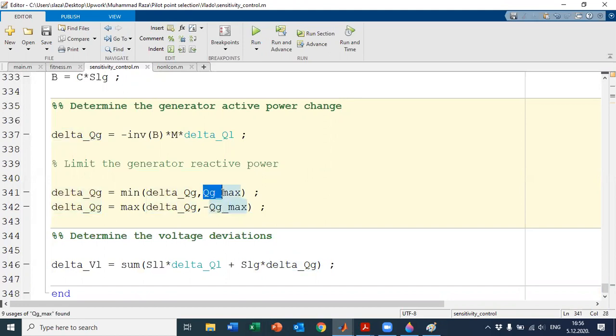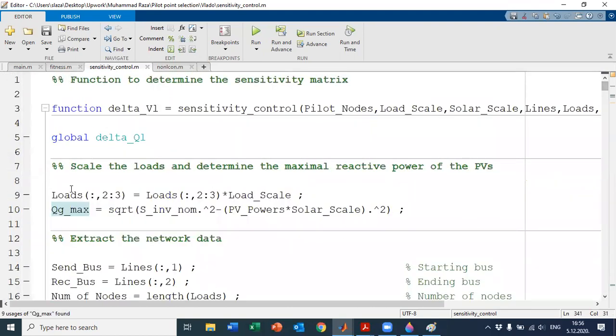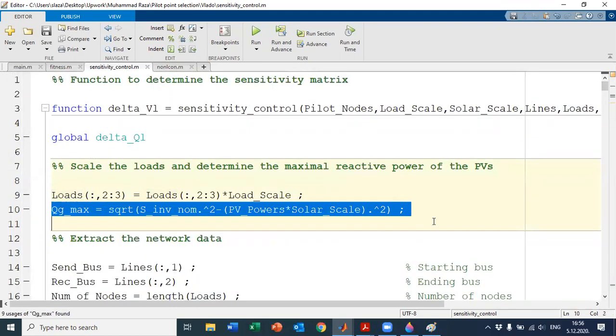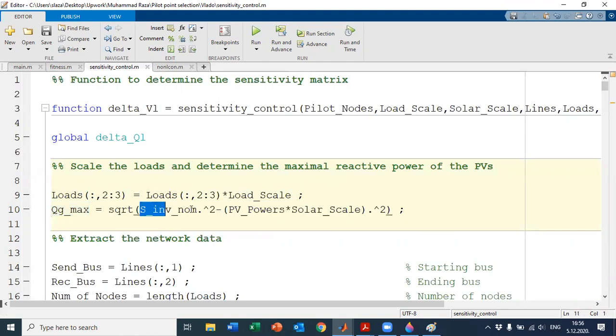So we need to limit the changes of the PV's reactive generation in order to assure that the nominal power of the inverter is not changed. So this value QJ max, the maximal reactive power of the generators, is given here. At the very beginning we calculated it using the nominal inverter power and the current PV generation.